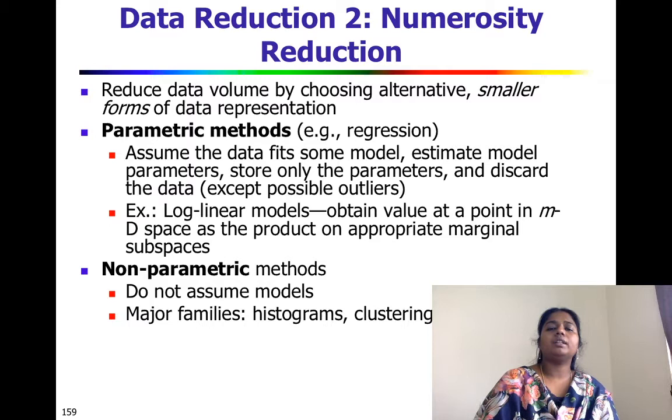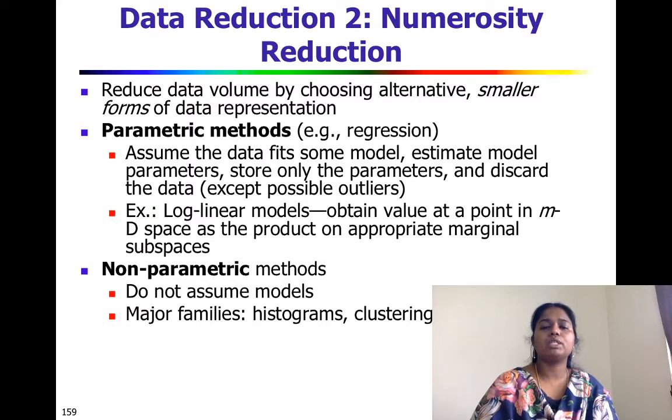Now, numerosity reduction means we are going to reduce the volume of the data by choosing some different form of data representation. Instead of representing the data as 50.111122, I can round off to 2 digits after the decimal, and I can still get the same analytical result.